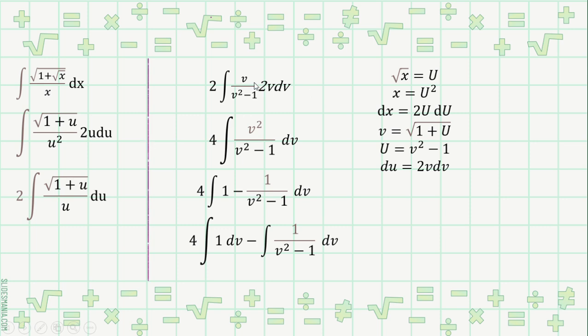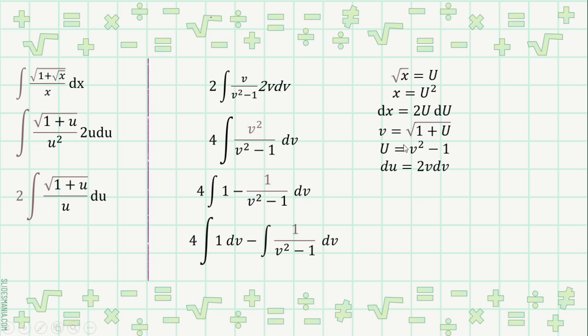And in this we substitute again with v, so we assume that root of 1 plus u is v, and u is v squared minus 1, and du is 2v dv.